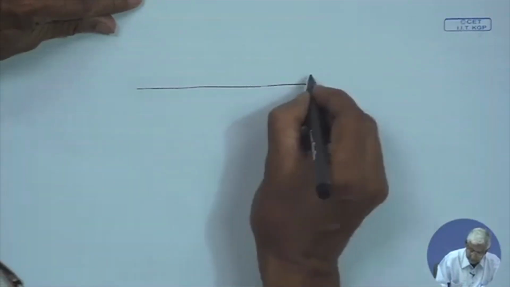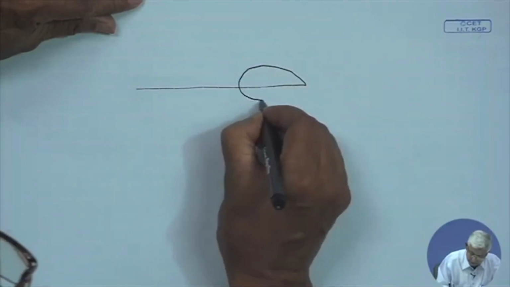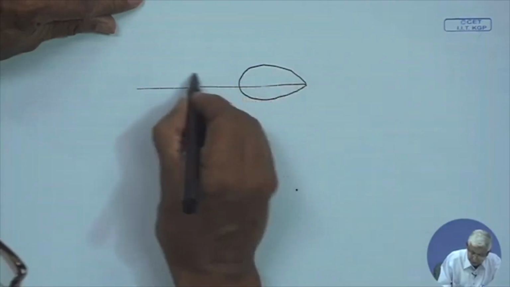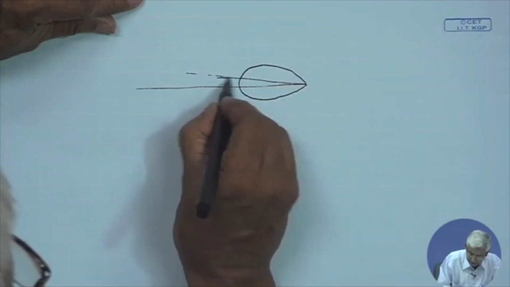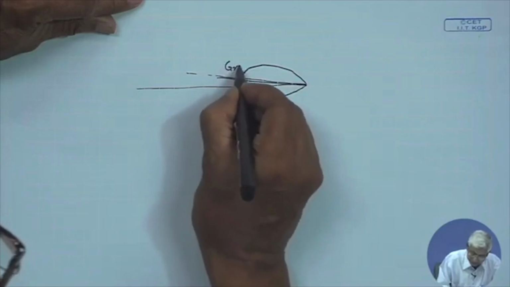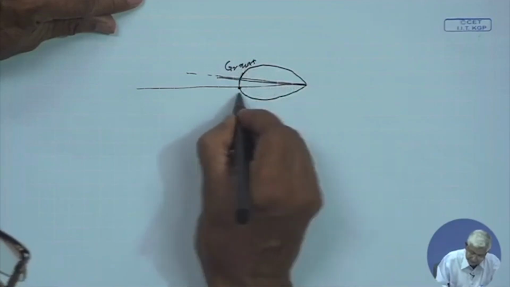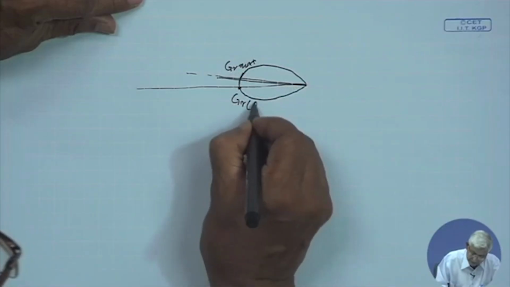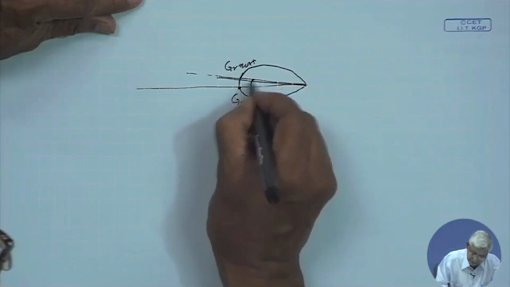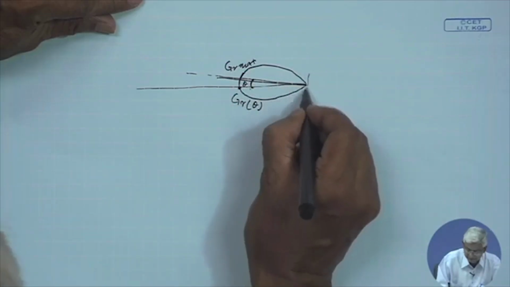This is the line and you have an antenna which is slightly depointed, not getting the maximum. Let us call this one GR max and this is the GR theta and this angle is theta. By theta angle it is depointed.